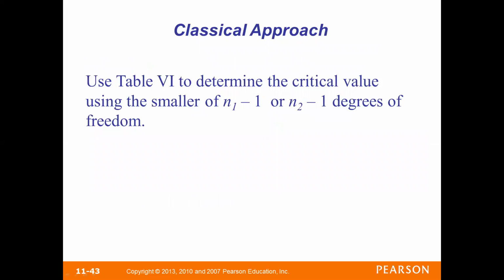We'll then determine the degrees of freedom. In the previous cases, we just had to take the number of data points minus 1 or the number of pairs minus 1. Here, we could have different sample sizes because the samples are independent, so our degrees of freedom will be the smaller of n1 minus 1 or n2 minus 1.